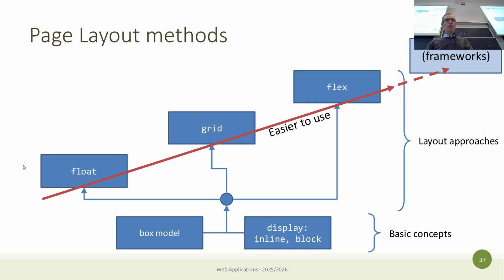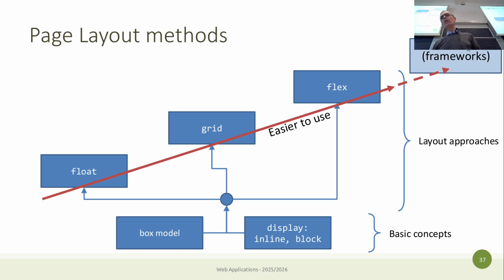For instance, CSS started with this float model. We just give you some hints of what it was. It's still supported, because if browsers didn't support it, some older websites would break and not lay out correctly. Then they invented the grid system, then the flex system, and then basically we are going to use a framework that has classes. We apply some classes to the elements we want to lay out, and more or less they go in the place where we want.